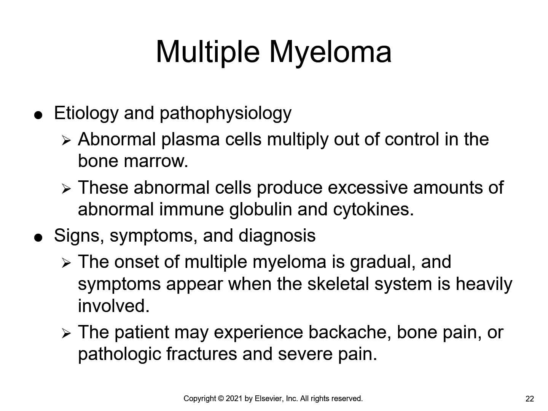Because the bone destruction during multiple myeloma releases calcium, a hypercalcemia may lead to kidney stone formation and renal impairment. The CBC will show anemia, leukopenia, and thrombocytopenia. Bone marrow studies will show a large number of immature plasma cells.